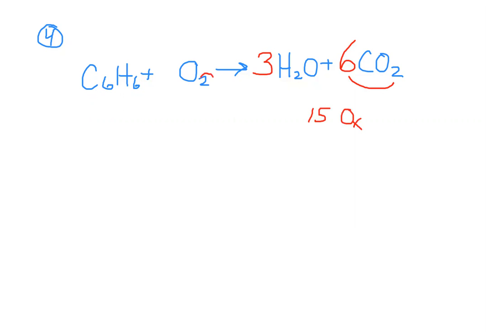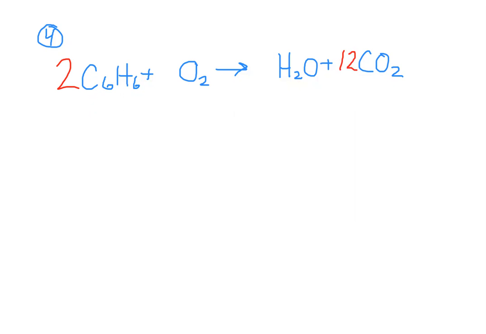But look, this is a 2. There's no way we're going to be able to make that into a 15 since it's odd. So we're going to have to do something different. Instead, let's put a 2 here. In doing that, that gives us 12 carbon, so we'd have to put a 12 here.